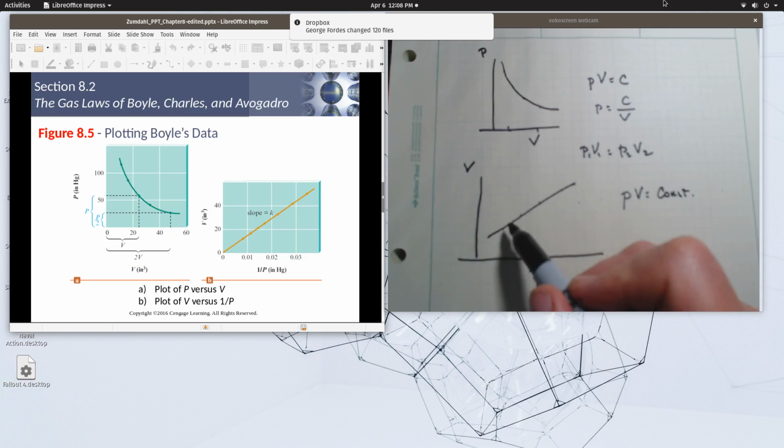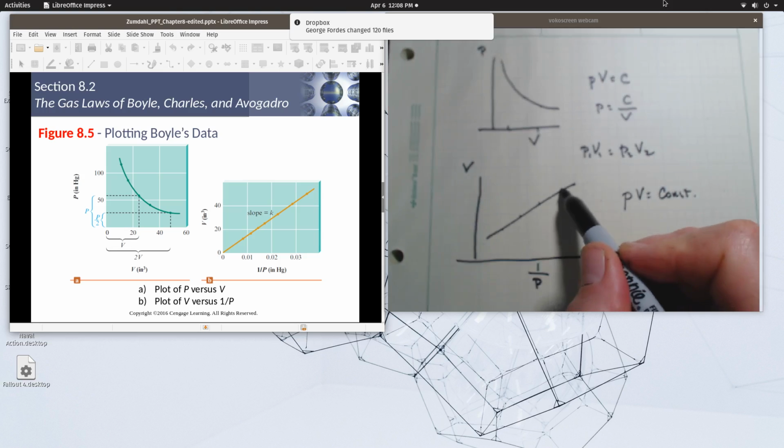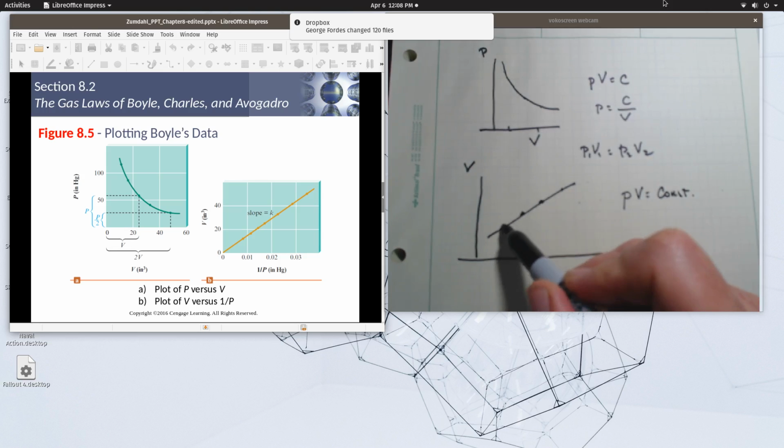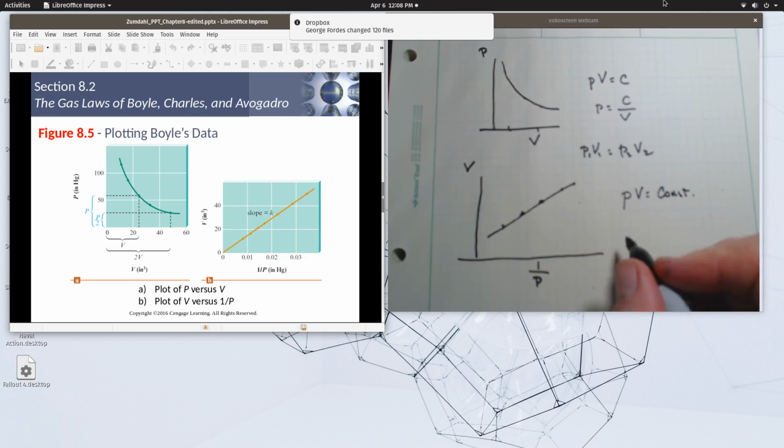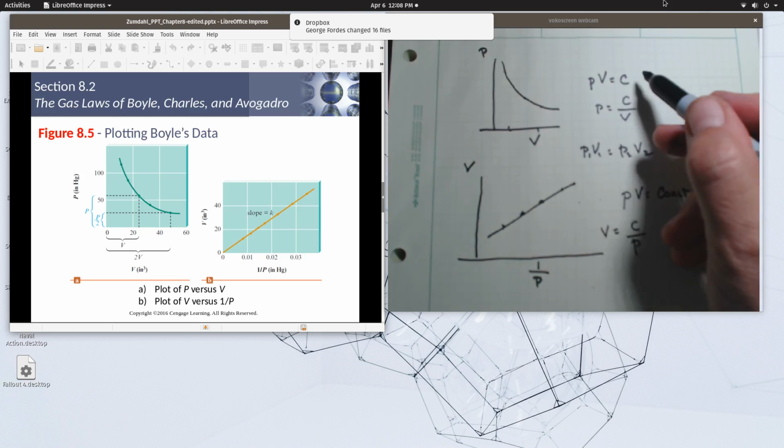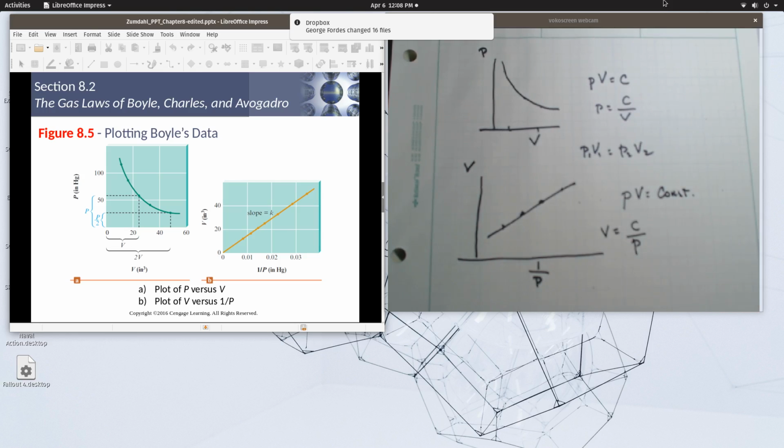The reason is if I do a least squares fit of this data to some sort of function that says V is equal to C over P, which is also what I get, right? Because I can take this equation up here, simply rearrange it, and use the least squares regression to fit this data to this constant.